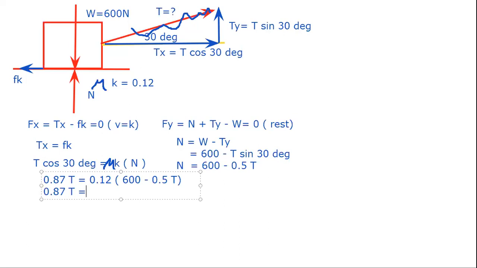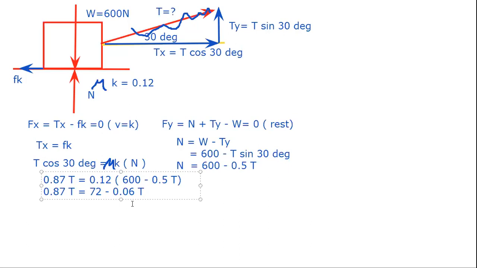Now, how much is 0.12 times 600? 72. So this is 72. 0.12 times 0.5 is equal to how much? 0.06.